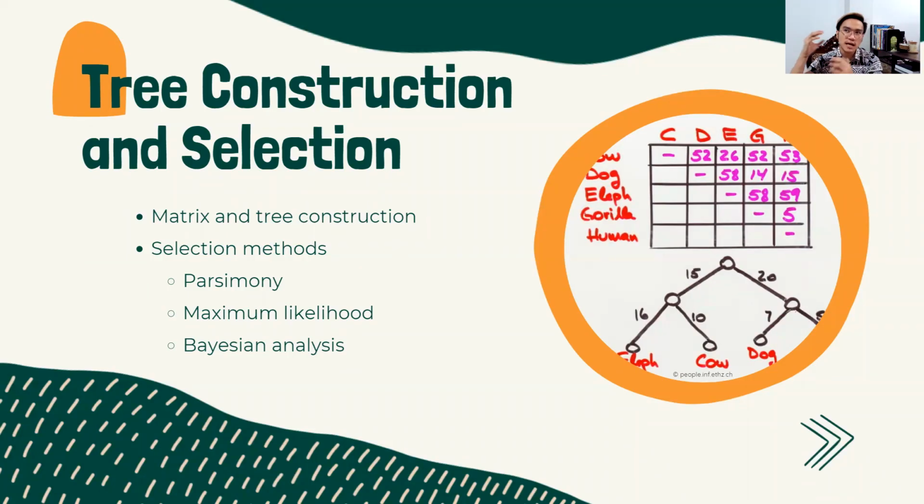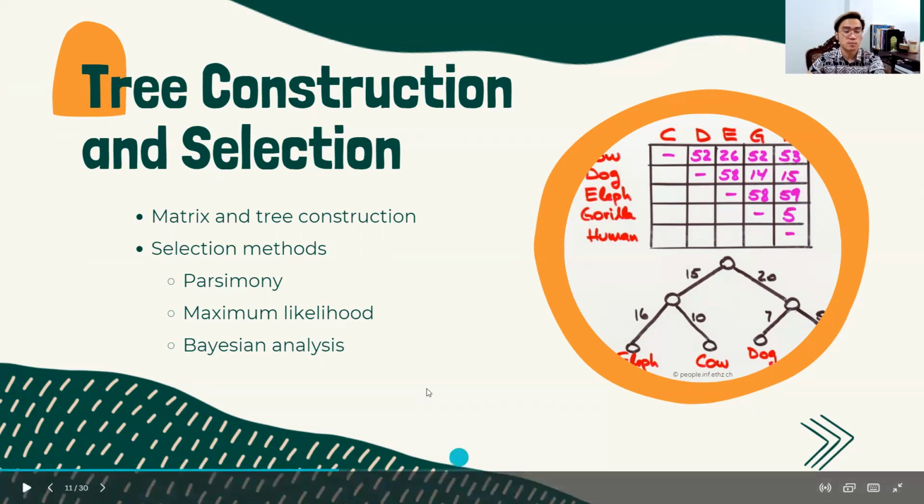And then based on several groupings, we end up creating, slowly, gradually, a tree. But like I told you, we can end up with so many trees that are valid, equally. So which do we choose as the best tree that would best represent the evolutionary relationships between the taxa?